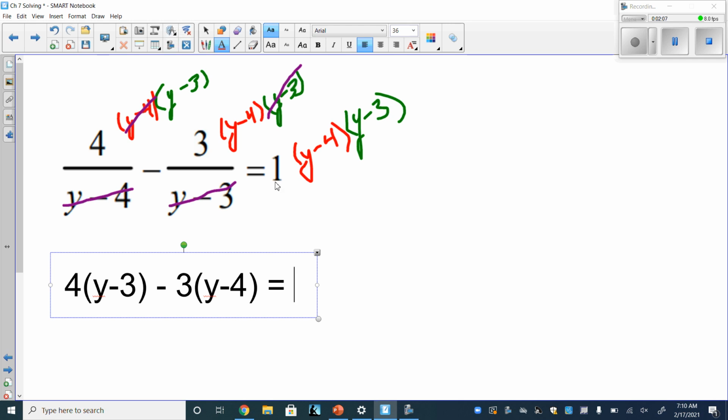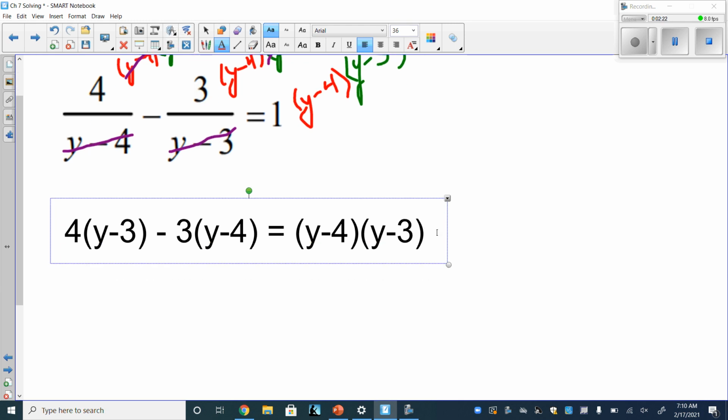There's no simplification on this right-hand side with the 1, so we're just left with 1 times y minus 4 times y minus 3. Because it's multiplied by 1, we don't have to write the 1 back in. We can just leave it as y minus 4 times y minus 3.